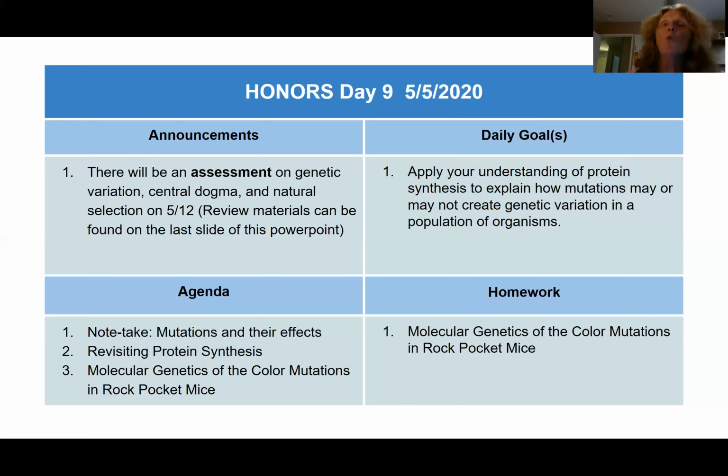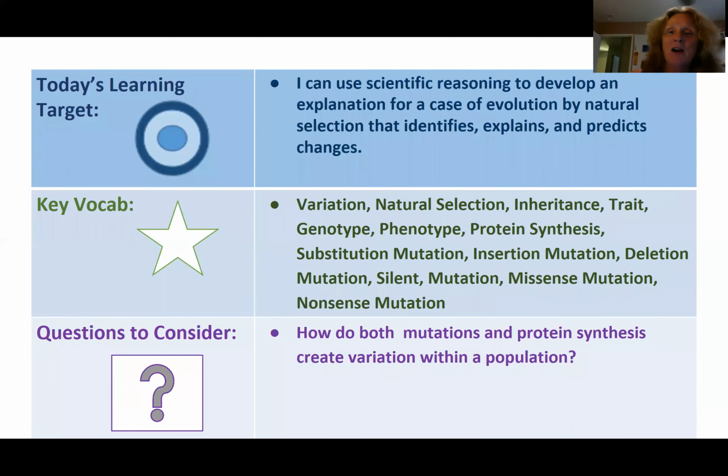Your homework will be a worksheet. It's a molecular genetics worksheet, and you can see on the Canvas page, I've already given you an attachment to it, okay? All right, so I can use scientific reasoning to develop an explanation for the case of evolution and natural selection that identifies, explains, and predicts changes. That's the main thing that we're doing.